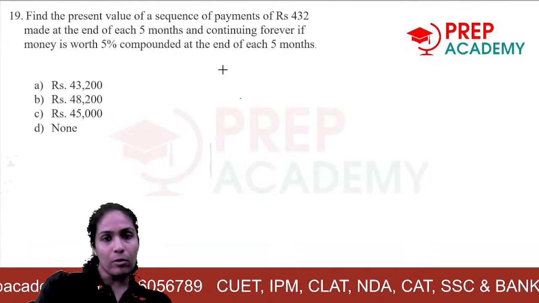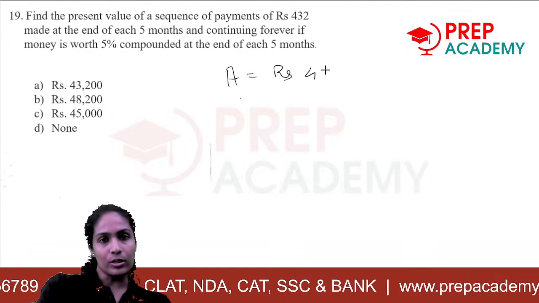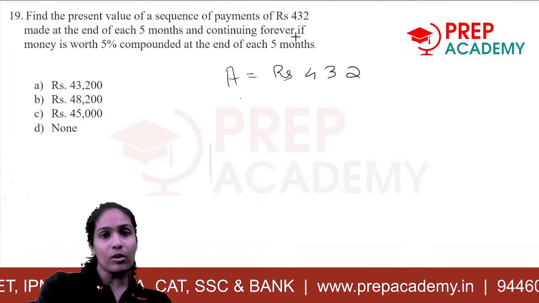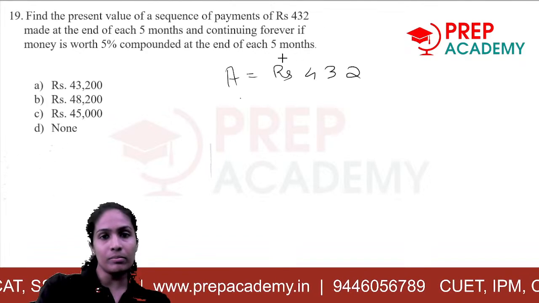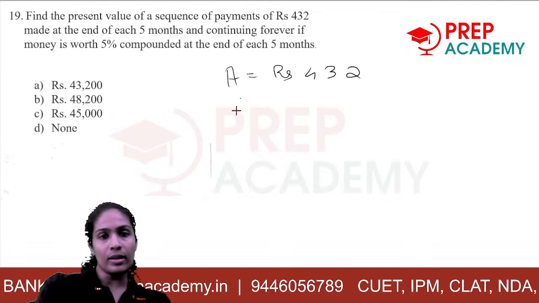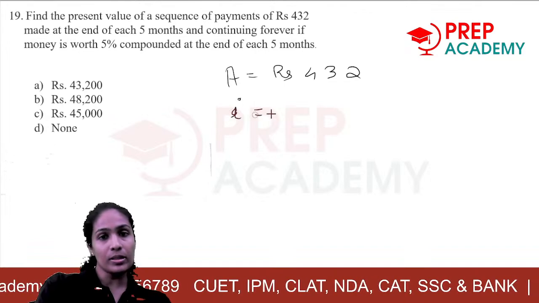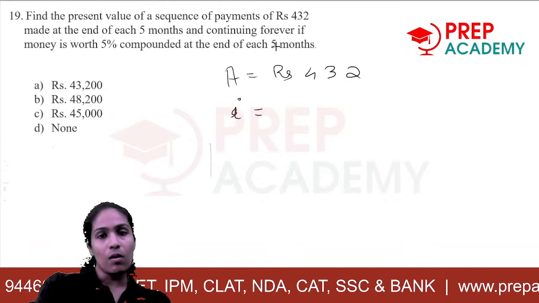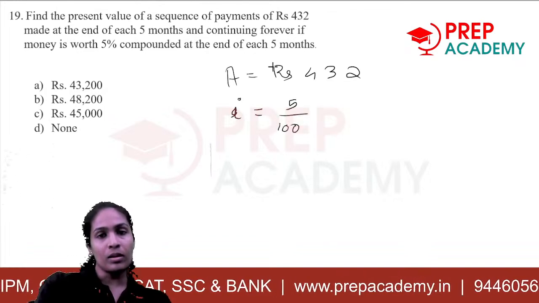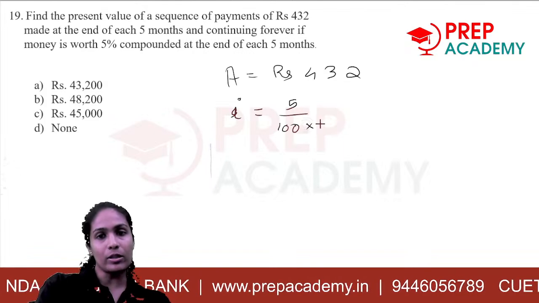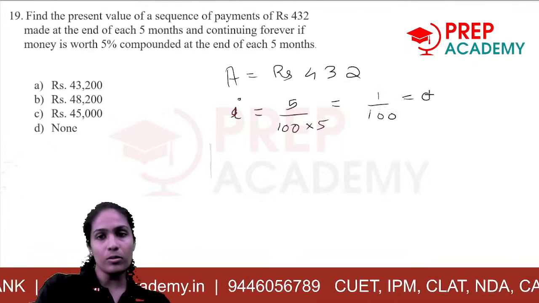So here the initial amount is rupees 432. Continuing forever, we can't find the total value for forever, but we can find the present value. The interest is 5% compounded at the end of each 5 months. That is 5% means 5 by 100. Since the period is 5, you multiply the denominator by 5, that is 1 by 100, which is equal to 0.01.